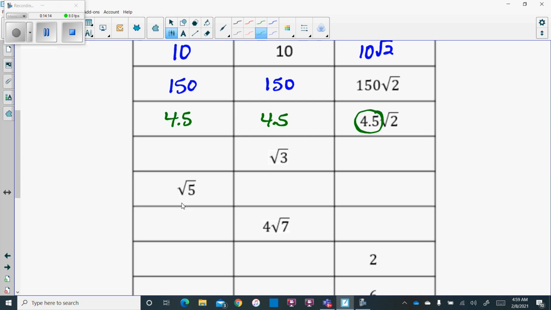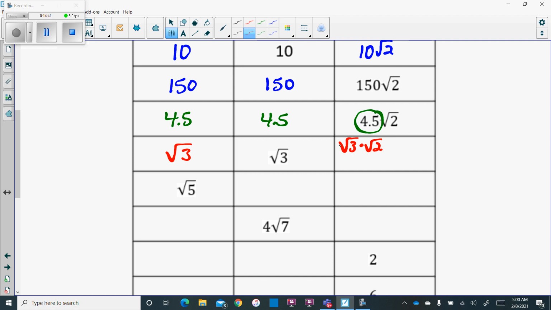Hopefully we see that same relationship even if the leg is a radical, but we've got to remember to use our square root rule. So if one is root 3, then the other leg is also root 3. But to get the hypotenuse, we're always taking that root 3 and putting it in front, which means we're multiplying it by that root 2. Anytime you have a coefficient, a number in front of the radical, they're actually being multiplied together.